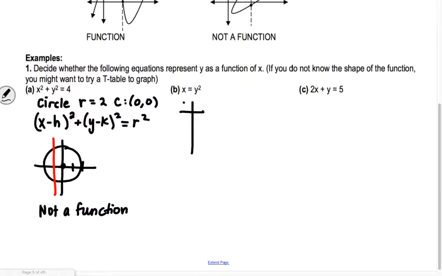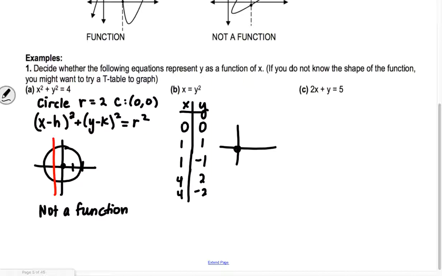If we don't know, we can do a little t-table. When I plug in 0 for y, I get 0 for x. What happens when I plug in 1 and negative 1 for y? Notice I'm plugging them in for y, not x. 1 squared is 1, negative 1 squared is 1. Same with 2 and negative 2, I get 4 and 4.